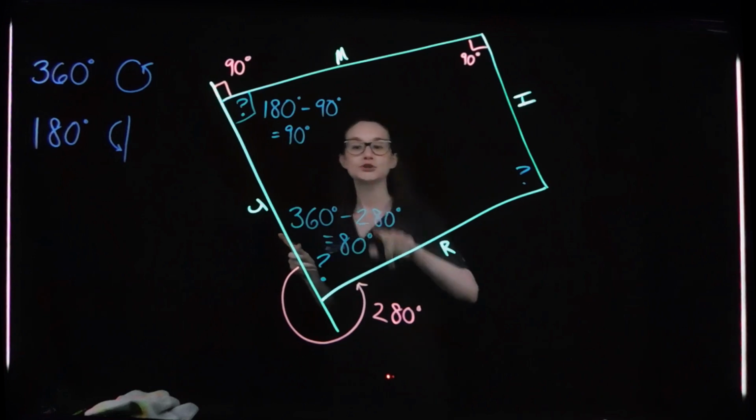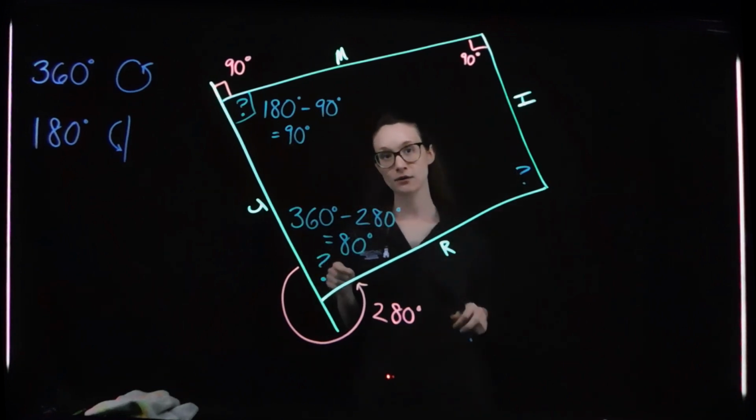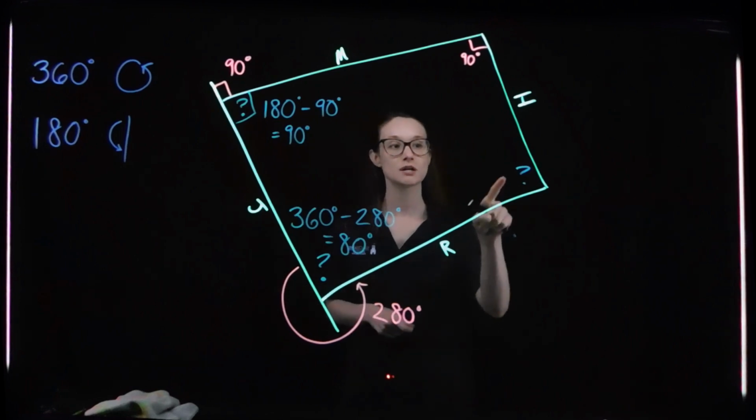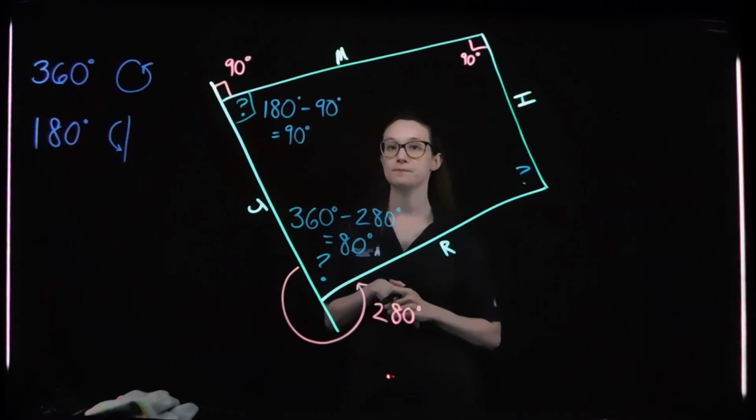So now we have 2 of our unknown angles inside of this 4-sided figure, a quadrilateral, but we need to know this 4th one.